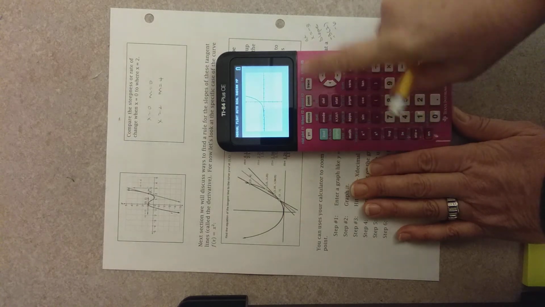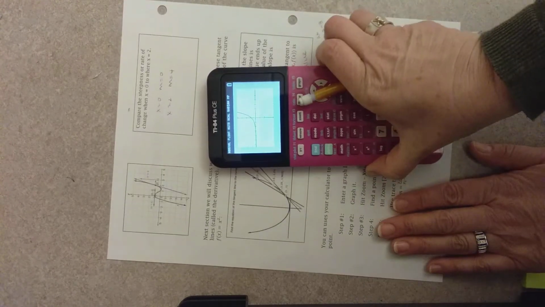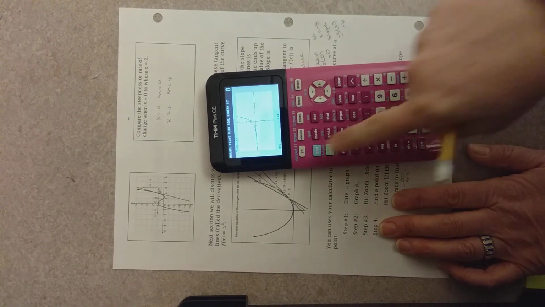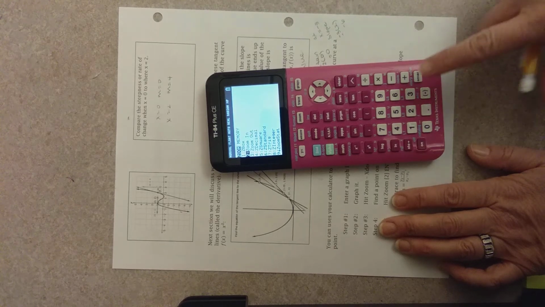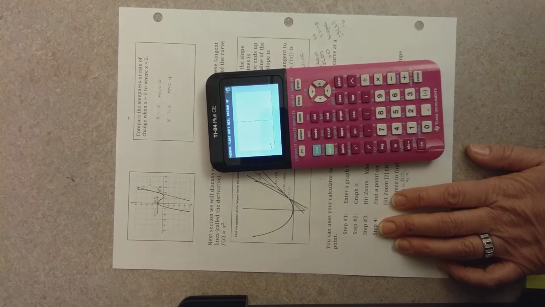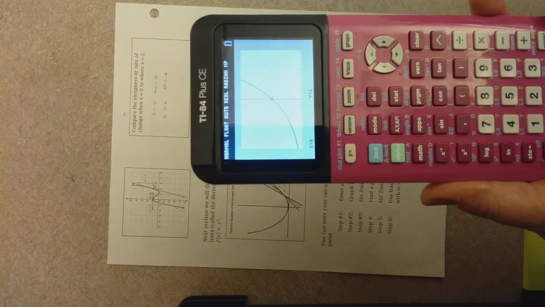And then I'm going to find a point on the graph like (0, 1). So I'm going to trace it, get that point (0, 1), and I'm going to zoom in. And it's going to zoom in around that point (0, 1) when I hit enter. So it's getting closer to that point (0, 1) when I do that.